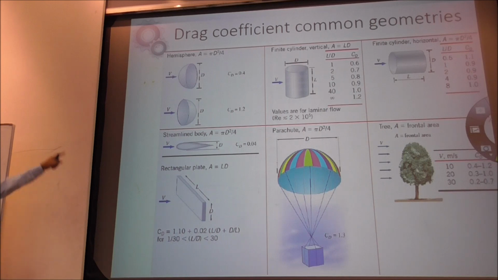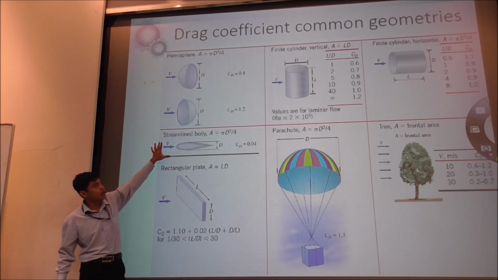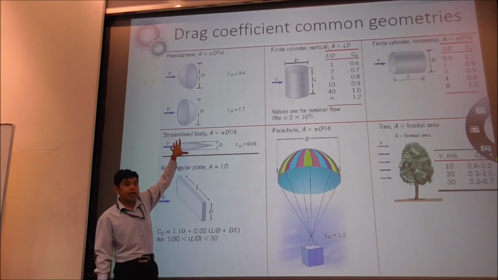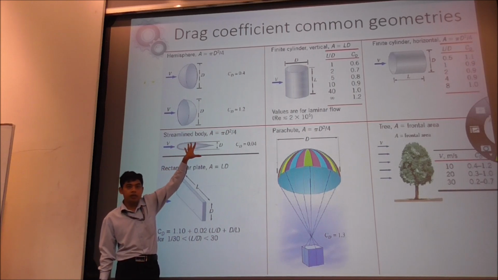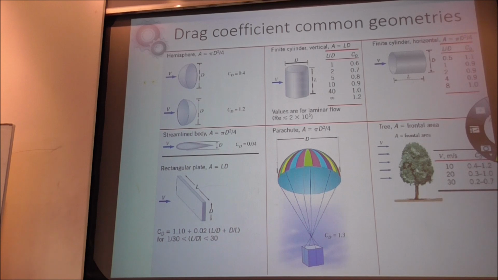Now, if you look at all of these, you can see that the streamlined body is among the bodies that have the lowest drag coefficient, 0.04. That's why the shape is widely used in designing your car, your motorcycle, your aircraft, and so on. Even the shape of a submarine, have you ever seen it?